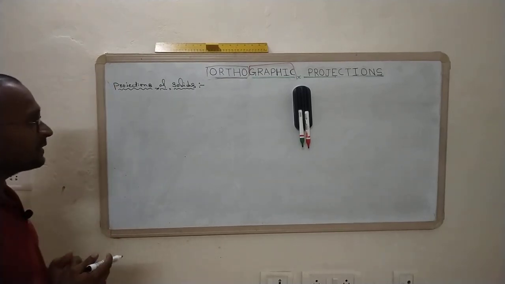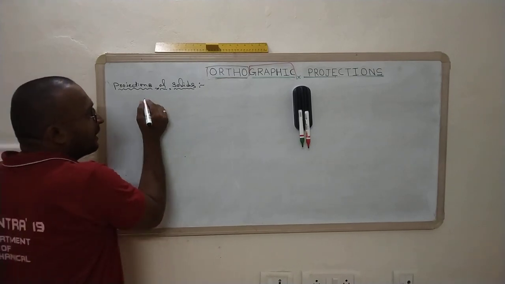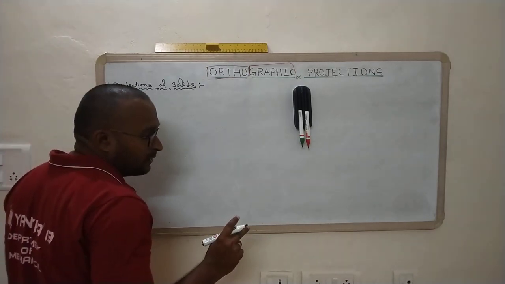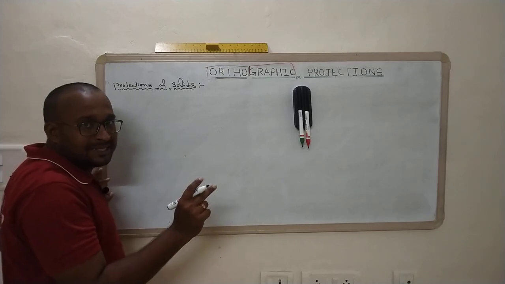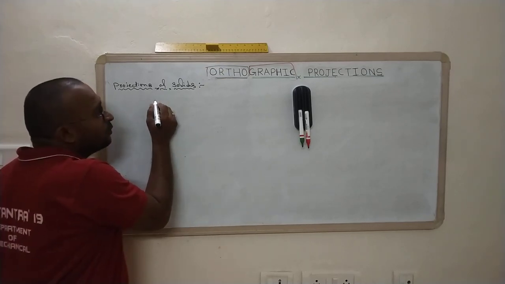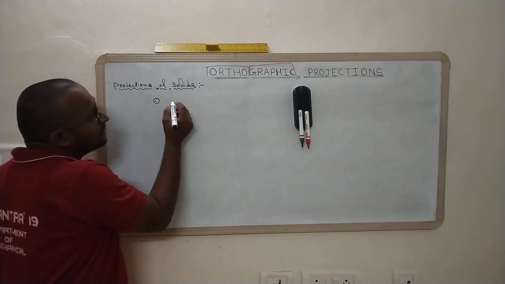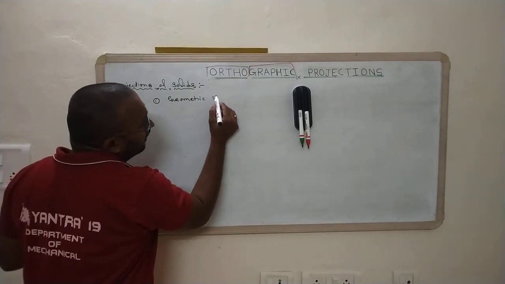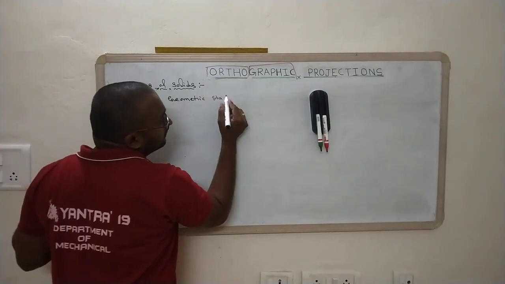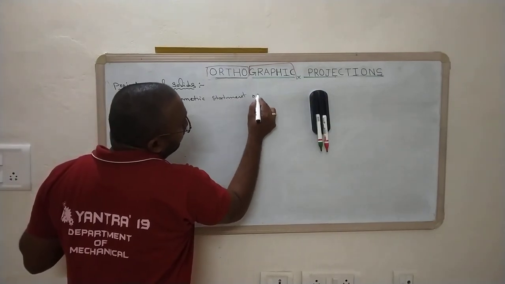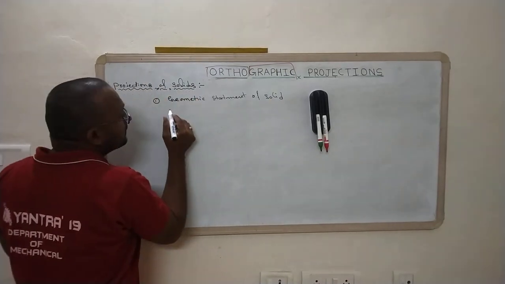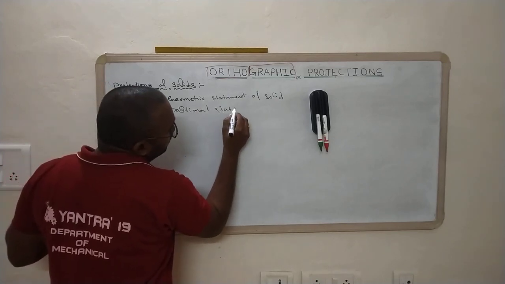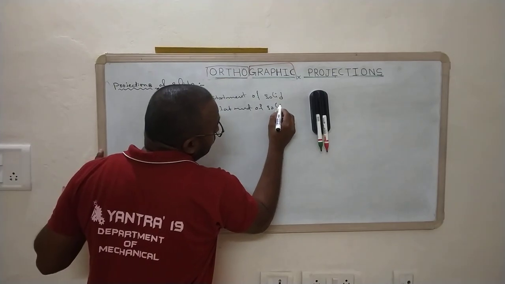Let us say first a simple example. I have already told that there will be two statements in a problem related to these solids. The first one is the geometric statement of the solid, and the second one is the positional statement of the solid.